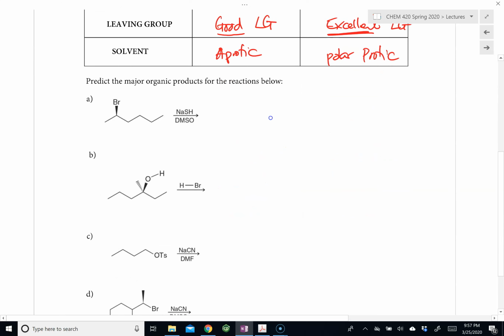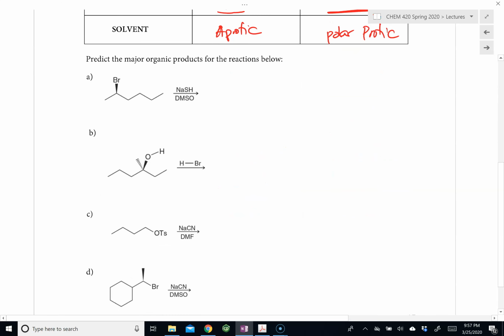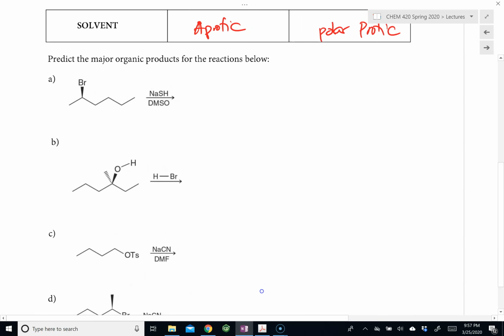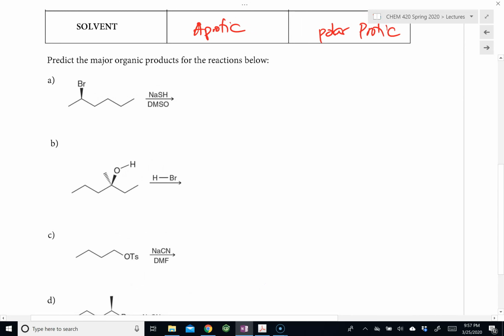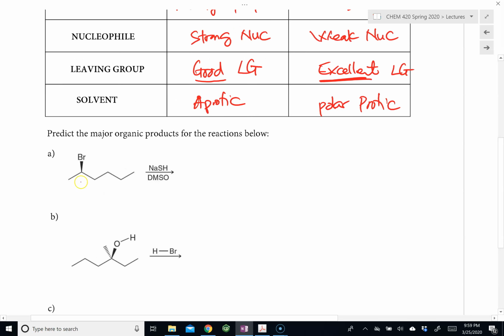Let's now apply this and try some of these practice problems. So here in this case, given this substrate, the reagent, and the solvents, please predict which reaction mechanism will predominate and then draw the structure of the organic product. So here in this case, we see that we have a secondary substrate. Let's analyze the substrate first. So in this case, this is secondary.